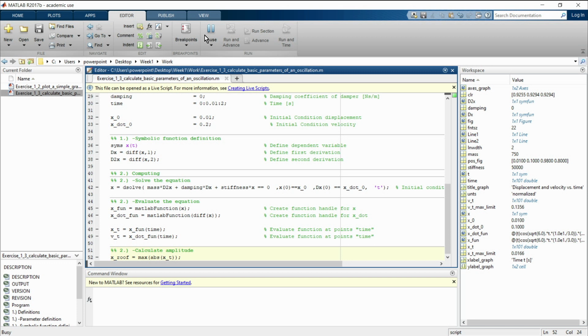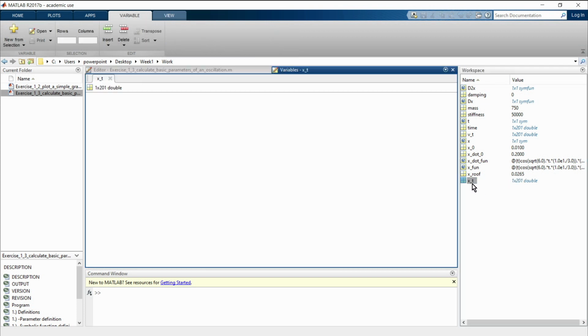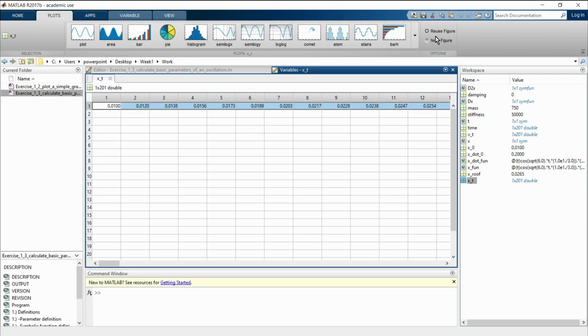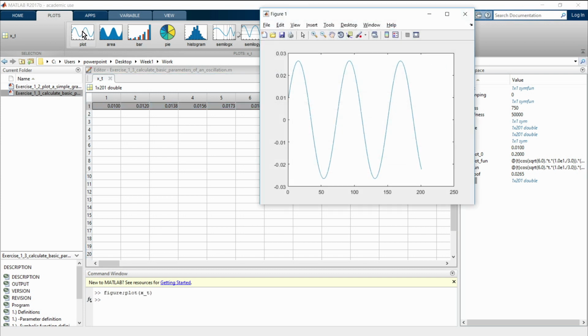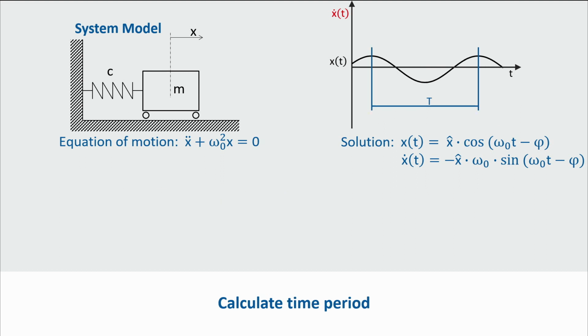Now we can run the script and we see that our x roof is 0.0265, and we could also just quickly plot our results with the plot functions within Matlab. And you can see, if we compare that to our plot, that we already derived our amplitude. We have calculated our amplitude, and now the second part is to calculate our time period.